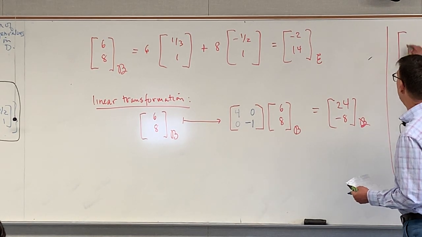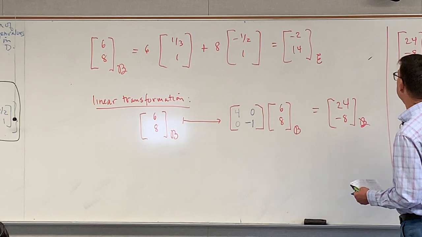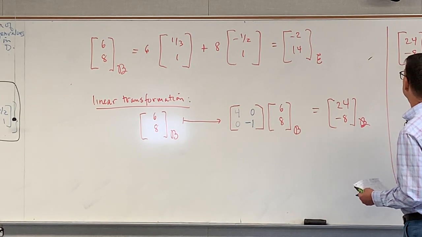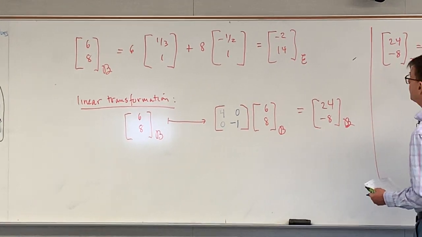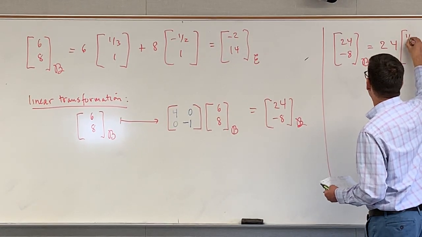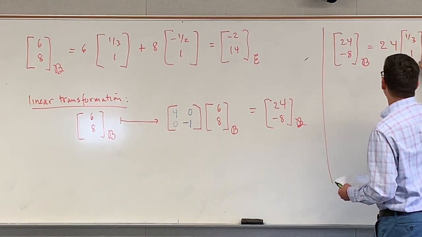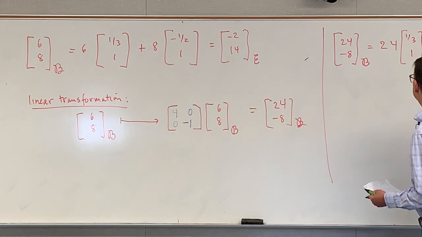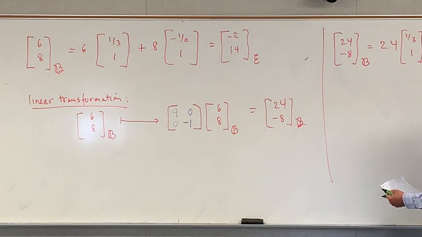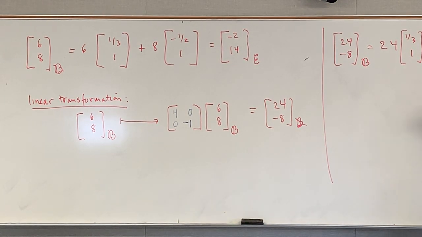That's going to give me 24, -8 in B coordinates. Now, 24, -8 in B coordinates is what? That's 24 times (1/3, 1) minus 8 times (-1/2, 1). So these are just my basis vectors from the two eigenspaces.